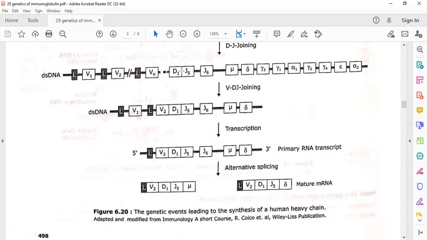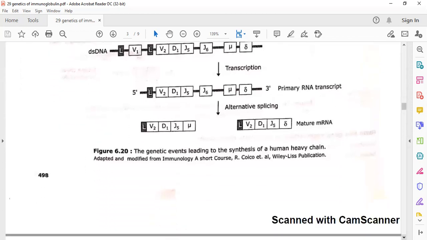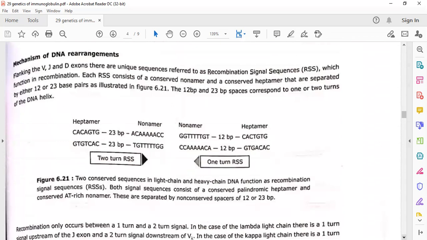Suppose here the D1, D2, D3 are there, and for the removal of the D2, the RSS molecule will bind here, and it will make a cut here, and it will make another cut near the D6. So it will bind at two places, and it will make two cuts which will remove the D2 region also. So this is the mechanism by which these cuts are made.